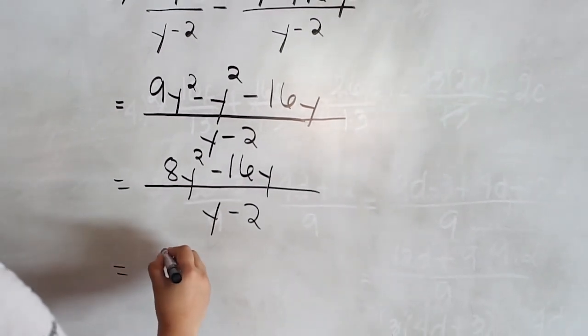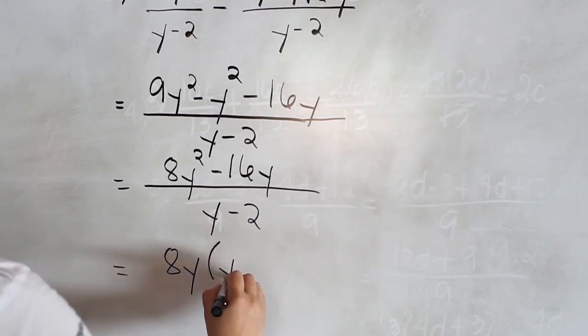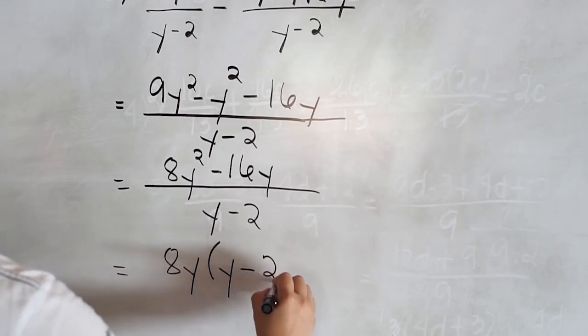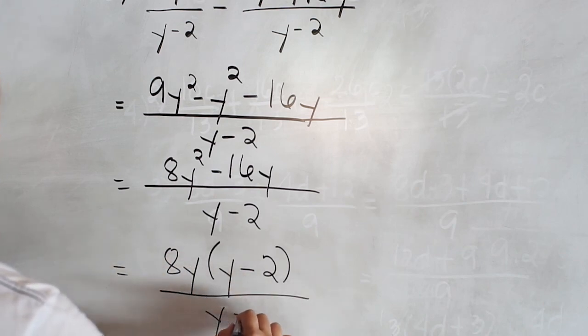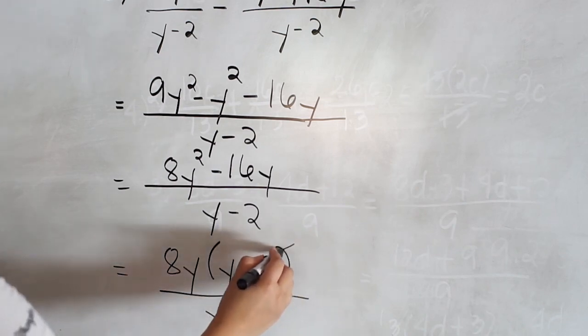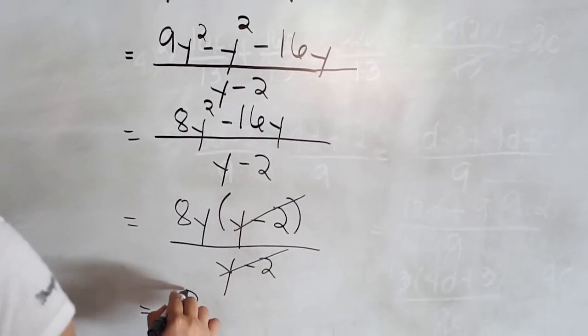So it becomes 8y times y minus 2 over y minus 2. So cancel similar terms. So your final answer is 8y.